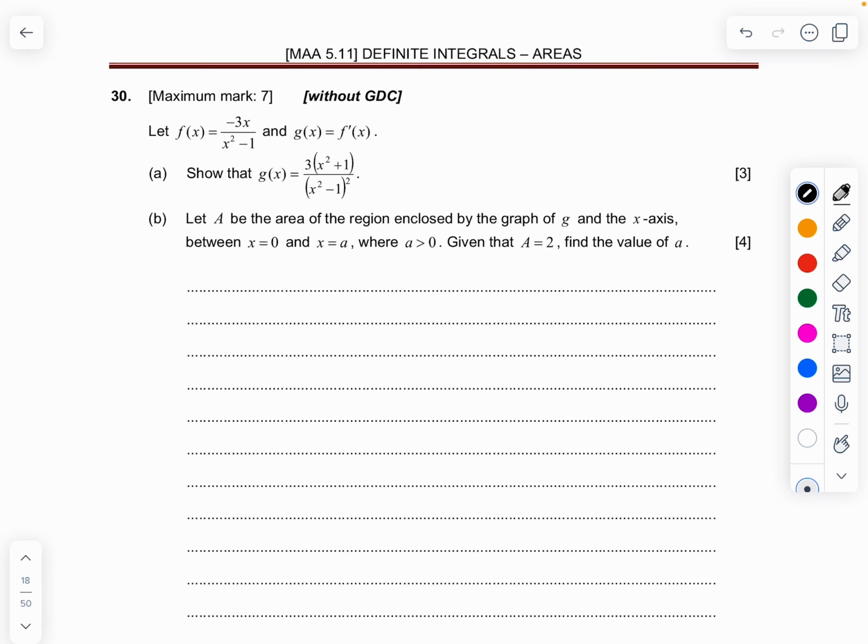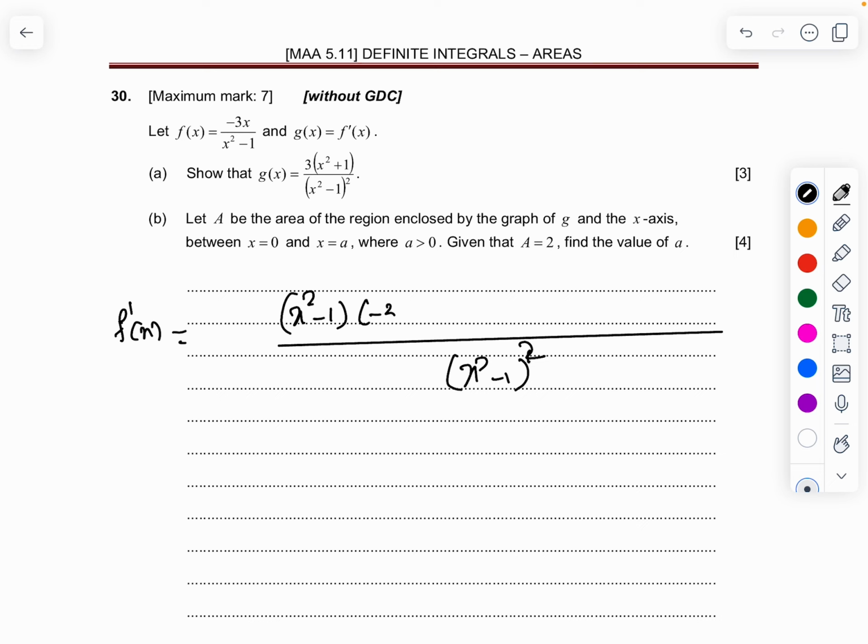Question number 30. f of x is given and g of x is f prime of x. Show that g of x is as given. So quotient rule. The denominator is x squared minus 1 whole squared. Then it becomes x squared minus 1 times negative 3, minus 3x times 2x, and the whole thing should be multiplied with minus.